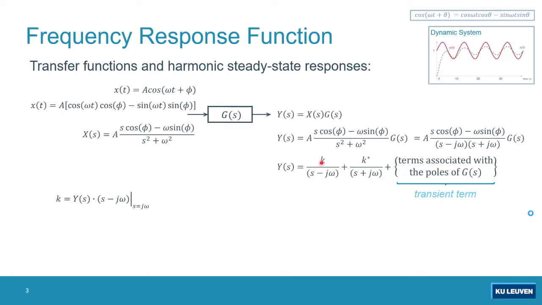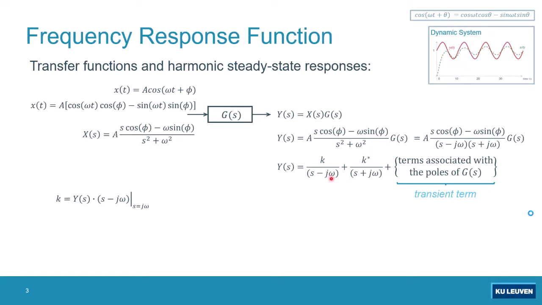In order to find the coefficient k, we have to multiply the function Y(s) with the denominator of the term associated with the parameter k, the value that we want to find. So I will multiply Y(s) with s minus j omega, and then substitute all of the s's here with j omega.